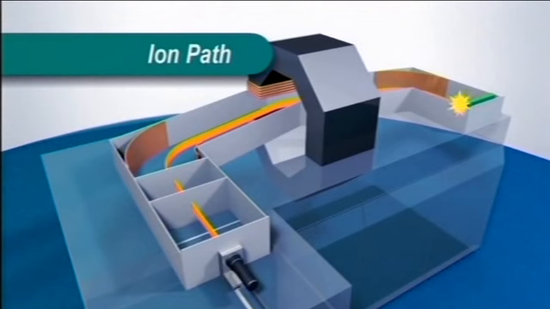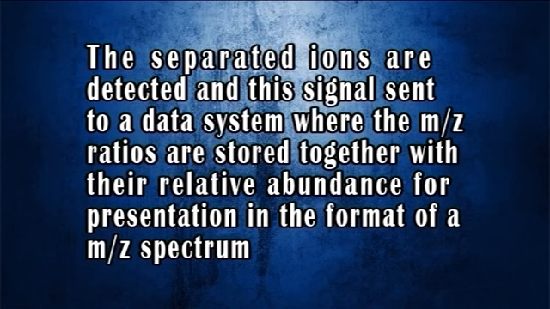The separated ions are detected and this signal sent to a data system where mass to charge ratios are stored together with their relative abundance for presentation in the format of a mass to charge ratio spectrum.